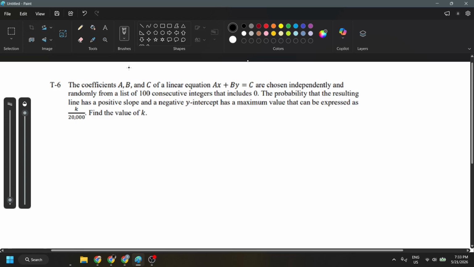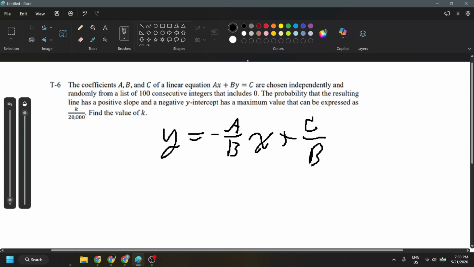Okay, so the resulting line has a positive slope and a negative y-intercept. So let's rearrange this into slope-intercept form. We get y is equal to negative a over b x plus c over b.